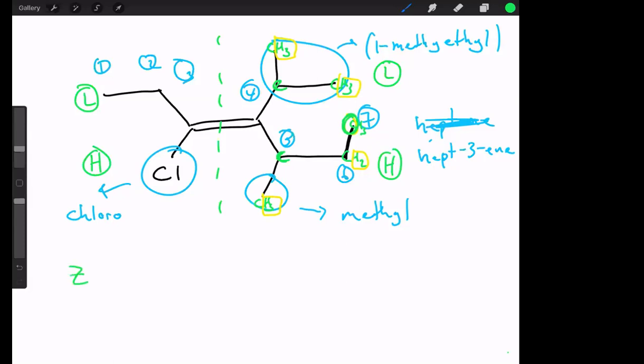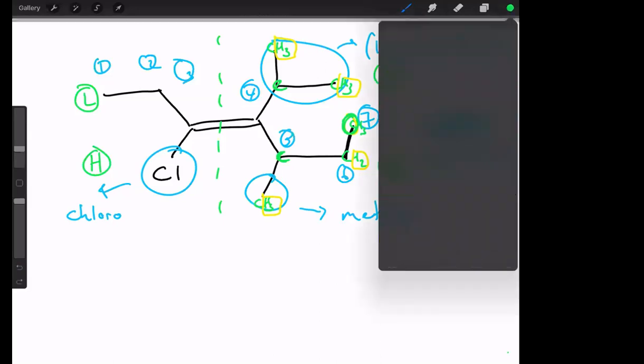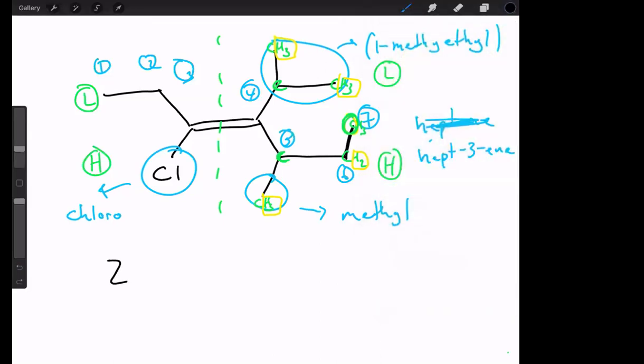So I have Z. This will be the last little bit. Z, and now in order, what is it? 3-chloro. What comes first, methyl or methyl ethyl?